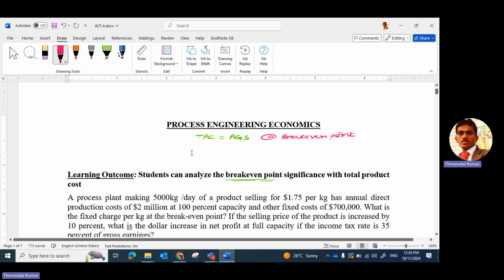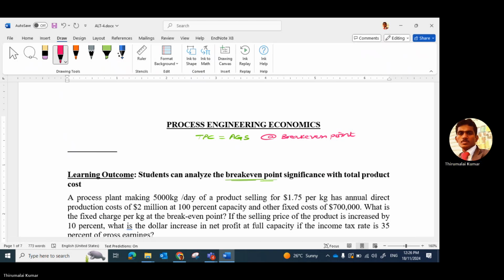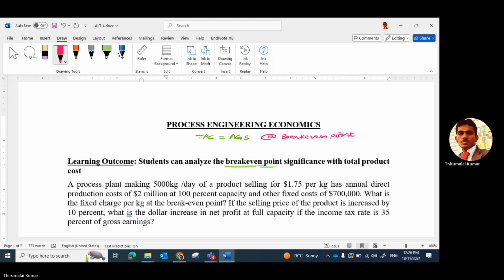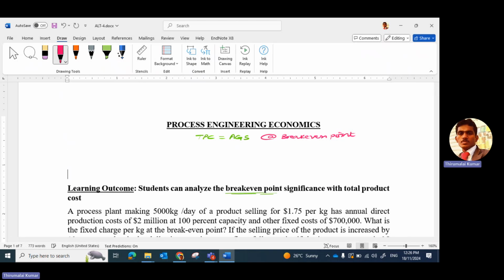Sometimes the total product cost may be greater than the annual gross sales, sometimes less. If the total product cost is less than the annual gross sales, then that particular business is making profit.